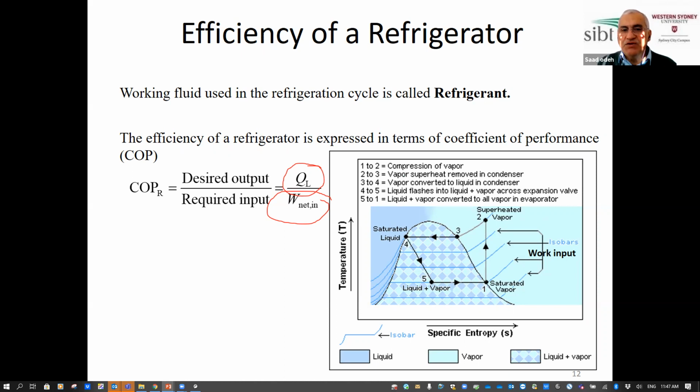They call it coefficient of performance, COP. So the coefficient of performance of a refrigerator, COPR, is the desired output, which is QL, the amount of heat removed from inside the fridge, divided by the input energy, which is the work of the compressor. Is it clear for everyone? Yeah.